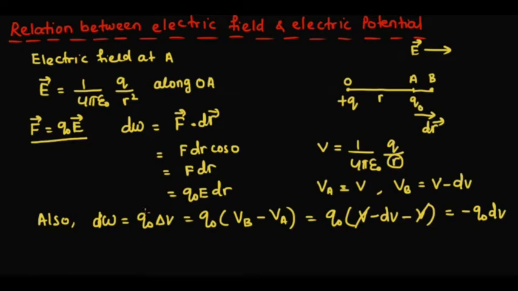to B. So if you equate these two expressions, dW equal to Q naught E dr and dW equal to minus Q naught dV, then you can write that Q naught E into dr is equal to minus Q naught into dV.